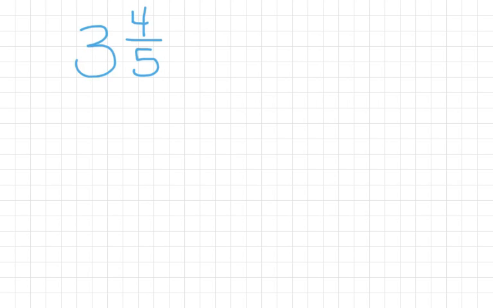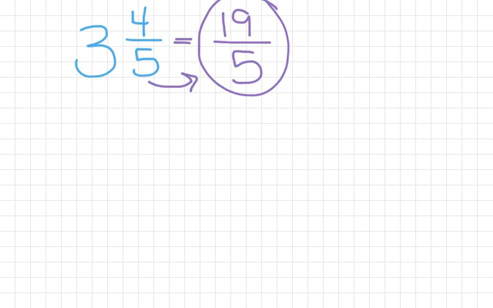All right, hopefully you've had time to try this problem out, so let's check your answer. 5 times 3 is 15, plus 4 is 19, over, bring my 5 over, 5. So that one would be 19/5.